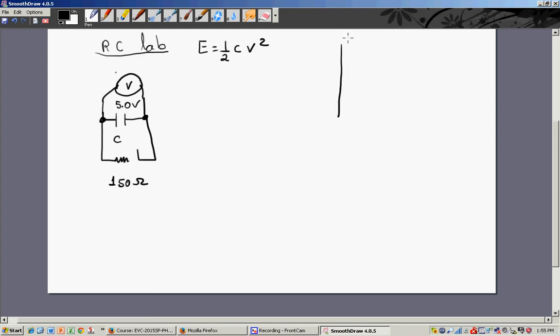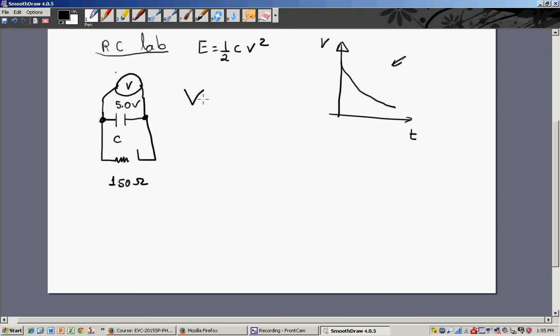And if you plot the voltage per time, you're going to have some exponential decay like that. Okay, and you guys did all of that.